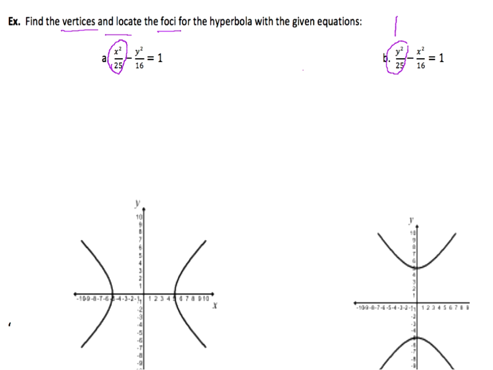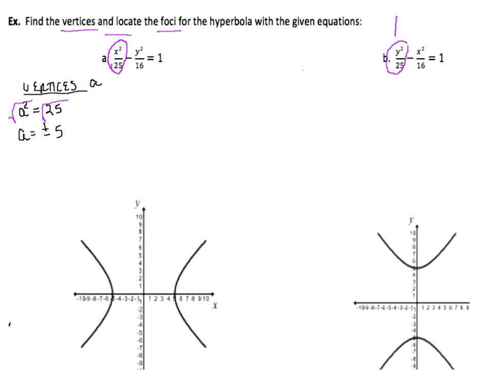Okay, so to find the vertices, the vertices are given by the value A. Well, we know, according to our equation here, that A squared is equal to 25. That means A is going to be equal to positive or negative 5 after we take the square root of both sides.